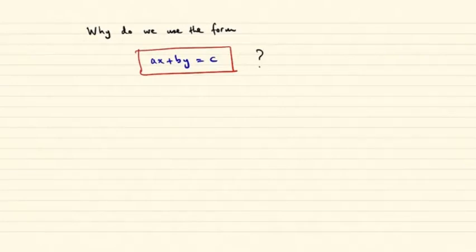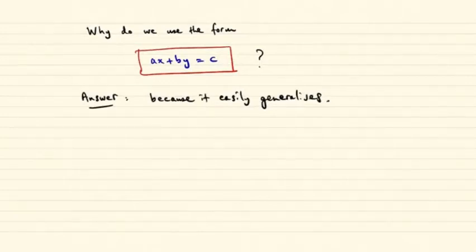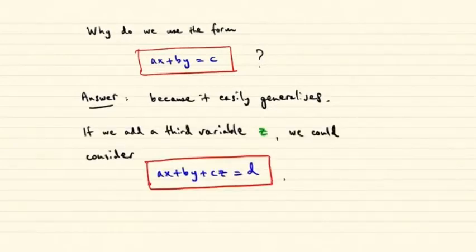So why do we emphasize the general form ax plus by equals c? The reason is that it generalizes. Remember how Descartes went from 1 to 2 to 3 copies of the real line forming axes? If we add a third variable, say z, then there is a natural pattern, and the new equation should become ax plus by plus cz equals d, where now a, b, c and d are constants.